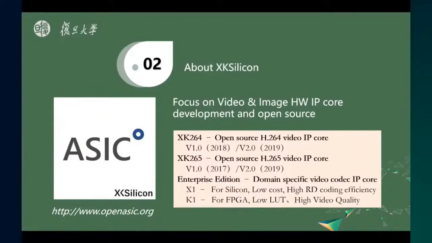It includes 2 IPs. The first is X1. X1 is for silicon, for low cost and high RD coding efficiency applications like IPC cameras, which can be used in civilian systems. And the second IP core is K1, which is for FPGA. The K1 has a low LUT cost and high video quality.